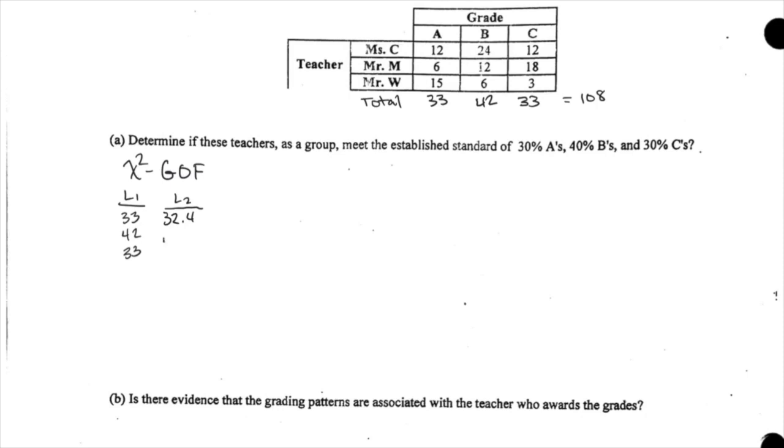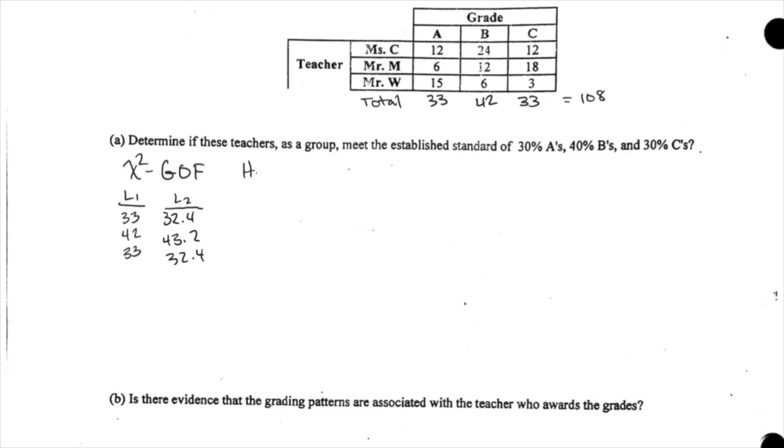Yeah, that's it. 43.2 and then 32.4. So you can see almost just from looking at it, we're probably going to fail to reject the null here. It looks like they're going to match up, right? So let's just kind of run down the list.